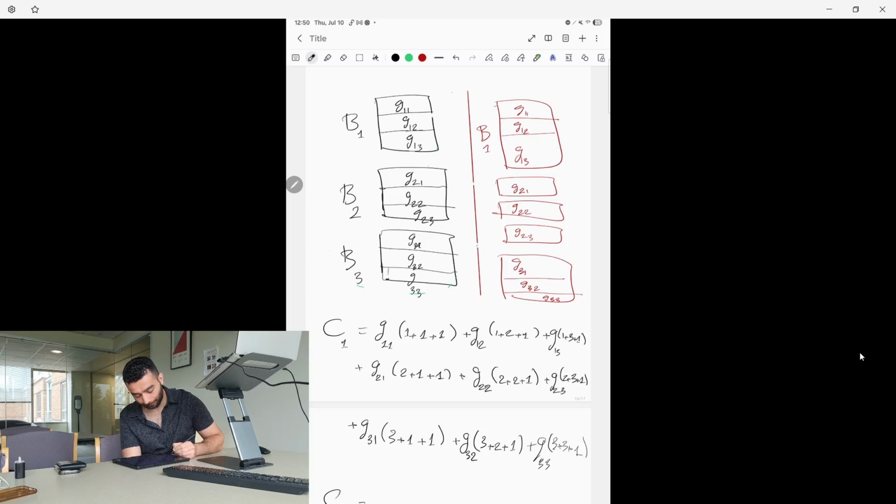And G2 2 will be 2 plus 1, which is number 3, and that's it.